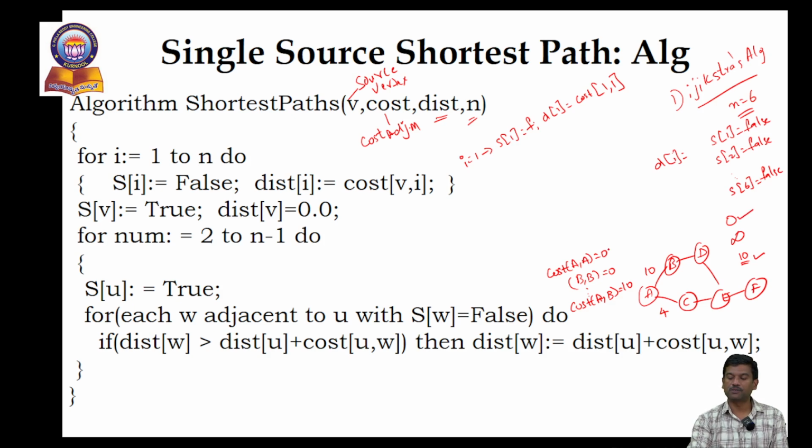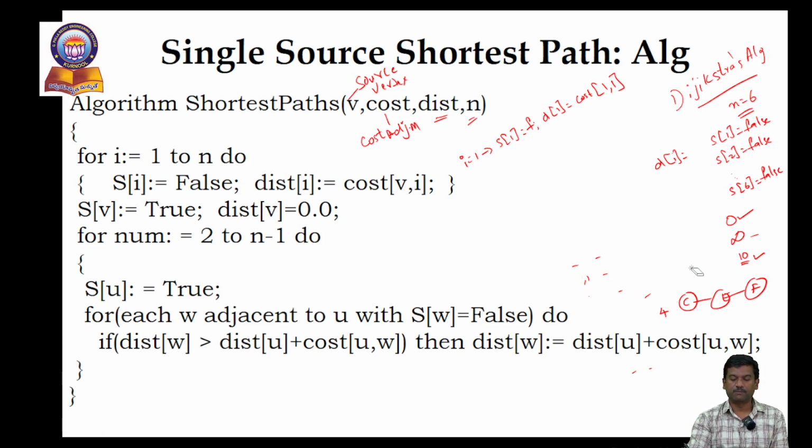So 0 is also explained, that is cost of i comma i: cost of A comma A equals 0, cost of B comma B equals 0, and so on. And when you consider infinity, what does it mean? For example, if you need to find the cost from A to E, where there is no direct edge from A to E, in such cases it is set to infinity. These are the initial assumptions that are made.